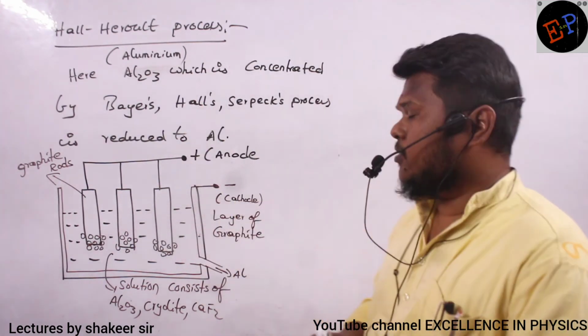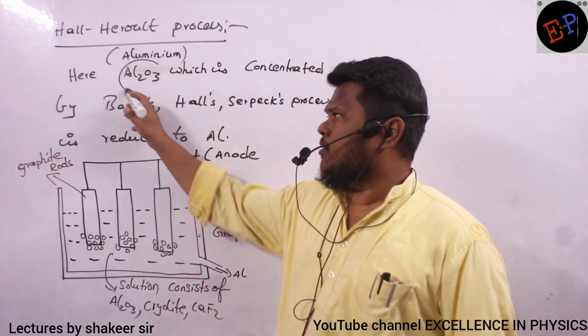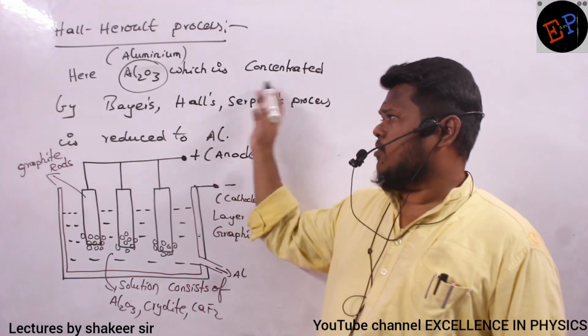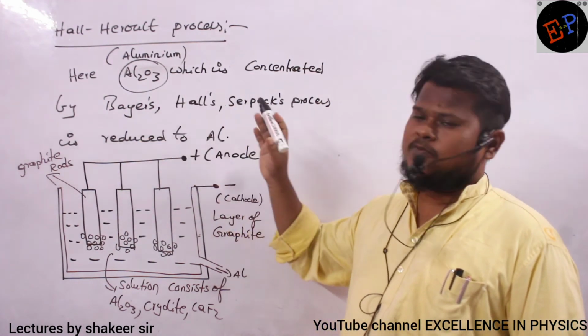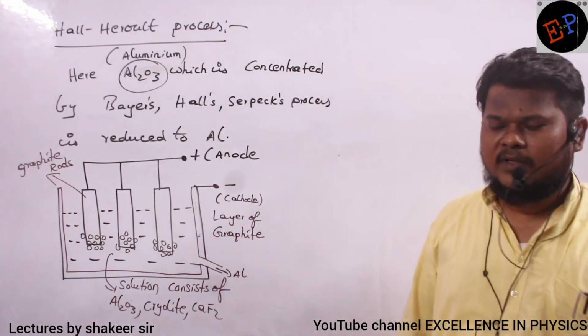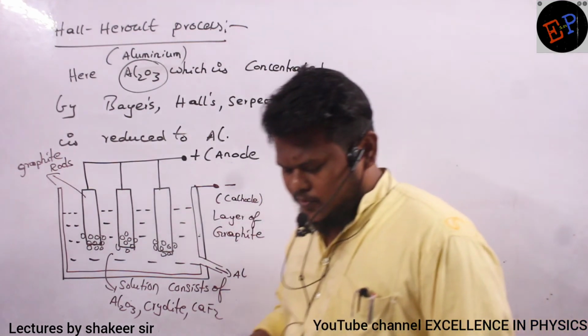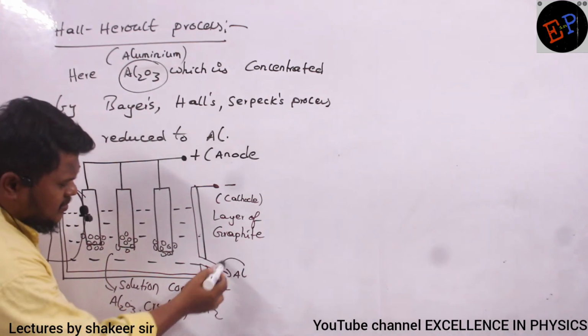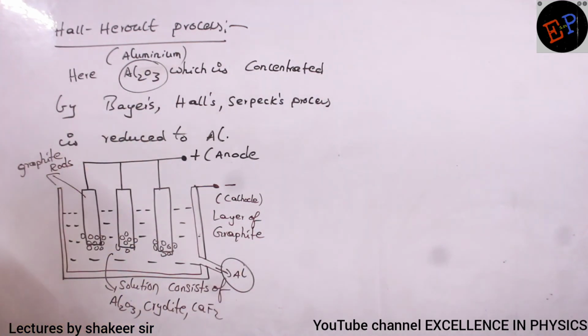And what is the ore of aluminium? Al2O3.2H2O, bauxite. After doing all these processes, Bayer's process, Hall's process, Serpek's process, we will get Al2O3 only. That Al2O3 is reduced to aluminium by this process called the Hall-Heroult process.